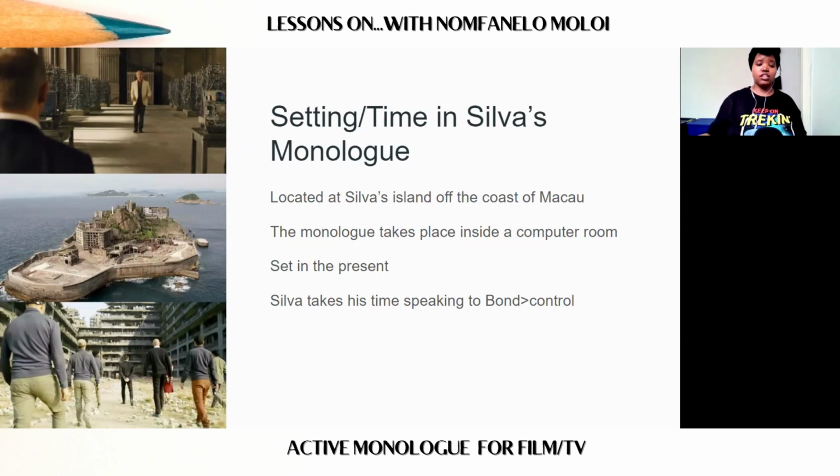So essentially they had to abandon the island. But currently it's used as a tourism site. I will post in the description a documentary that explores this, if you guys are interested.